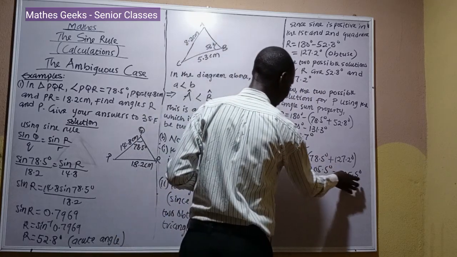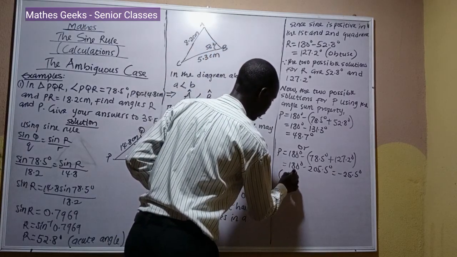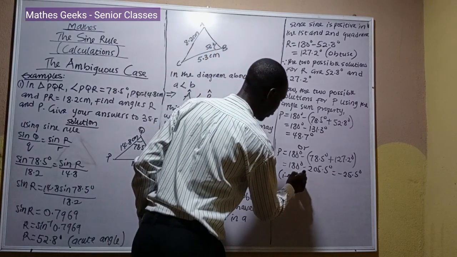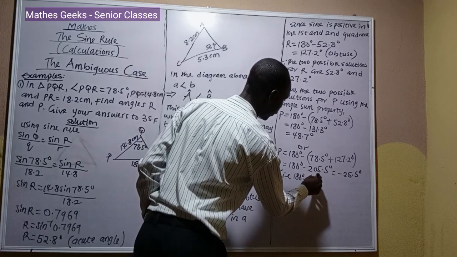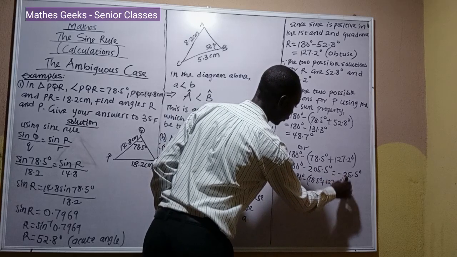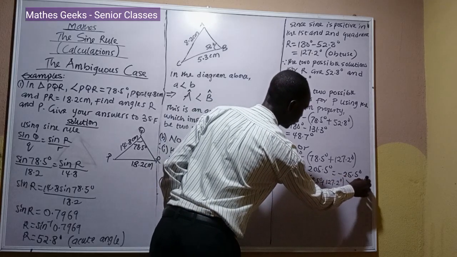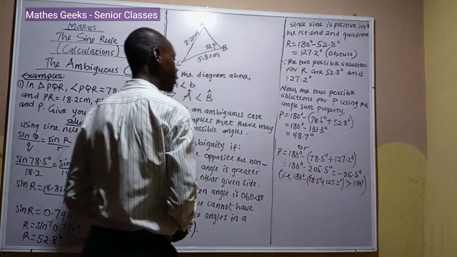But you know that an angle cannot be negative. This implies that 78.5 degrees plus 127.2 degrees is greater than 180 degrees, which is not supposed to be.